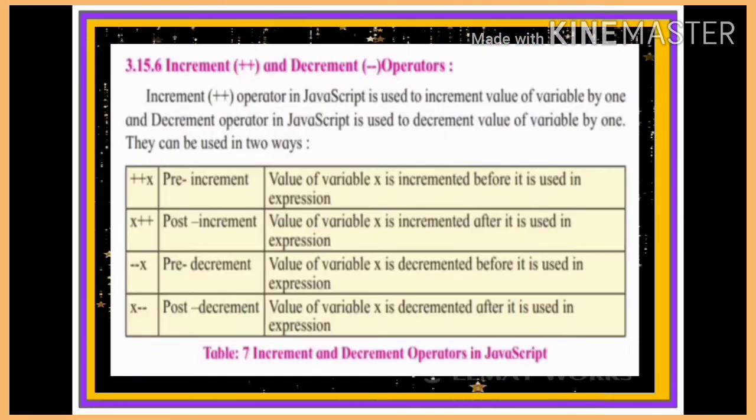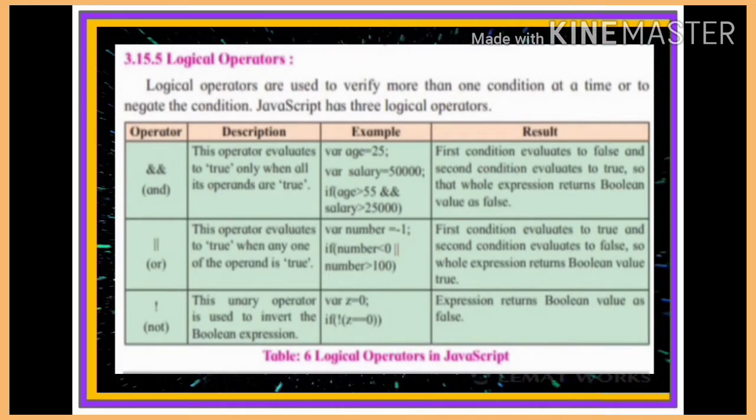We also seen the increment and decrement operators, pre-increment, post-increment and pre-decrement and post-decrement operators in JavaScript. Also, we have seen the logical operators, three logical operators in JavaScript, and, or, and not. What is the use of logical operators? It is used to join more than one condition.